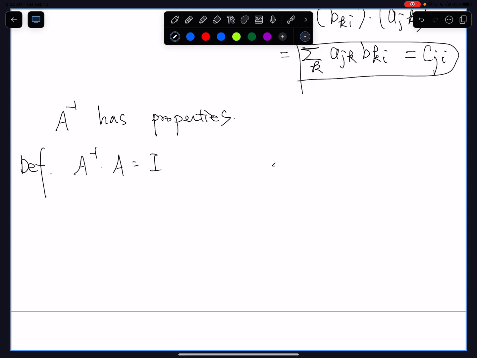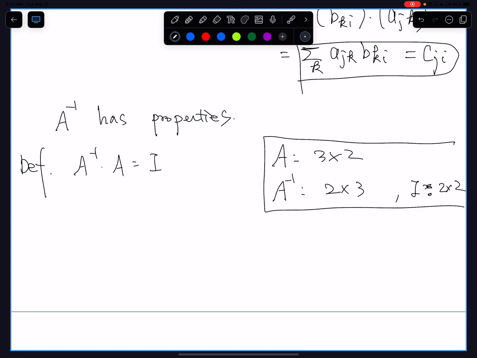So for example, if A is 3 by 2, then we can have an A inverse such that, I'm not sure if it exists, but if it exists, maybe we can find A inverse like that, right? So this is a definition, not relying on the dimension. But for now, for this course, we're just gonna stick with the convention that A is a square matrix, right?